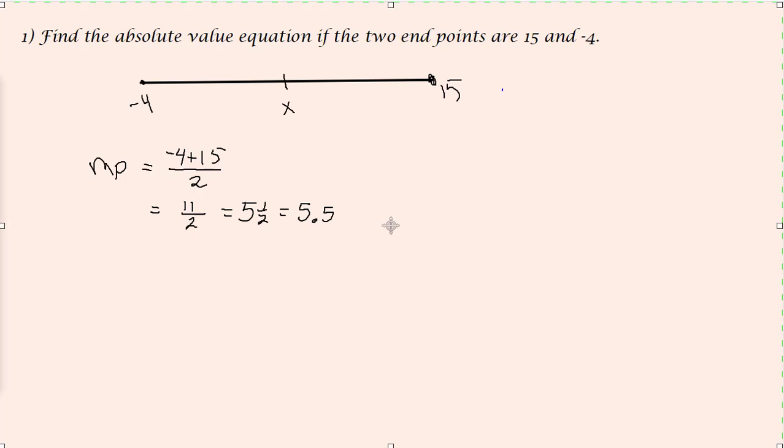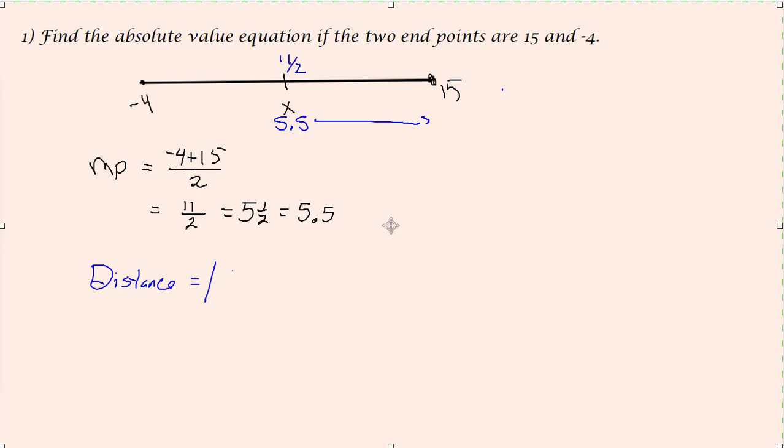Next thing I want to do is find the distance. The distance is how far from that midpoint to the end. I'm going to do this with fractions just so y'all can see how it would look, so 11 halves.